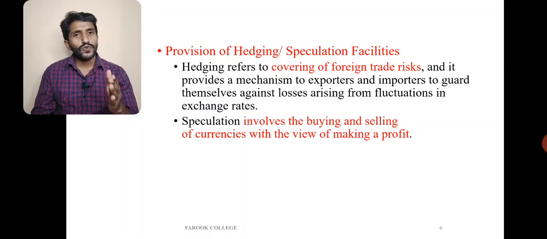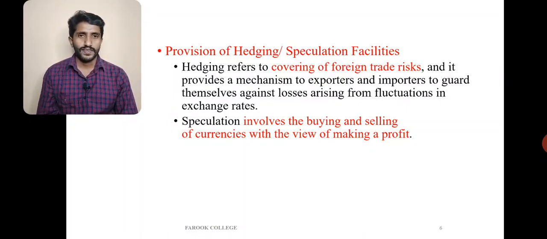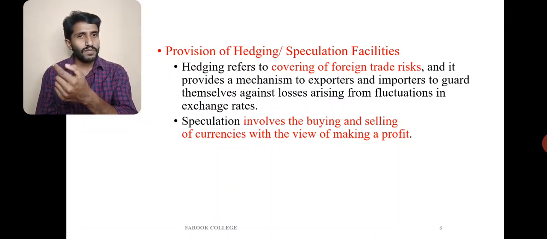But suppose that today I have made the deal to export one pen to the US, but tomorrow suddenly our currency has appreciated. It means that it will come down from 73 to, suppose, 60.